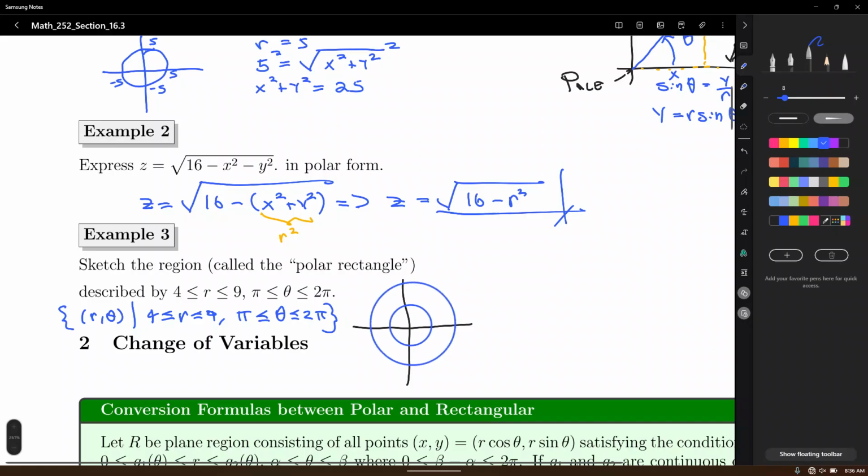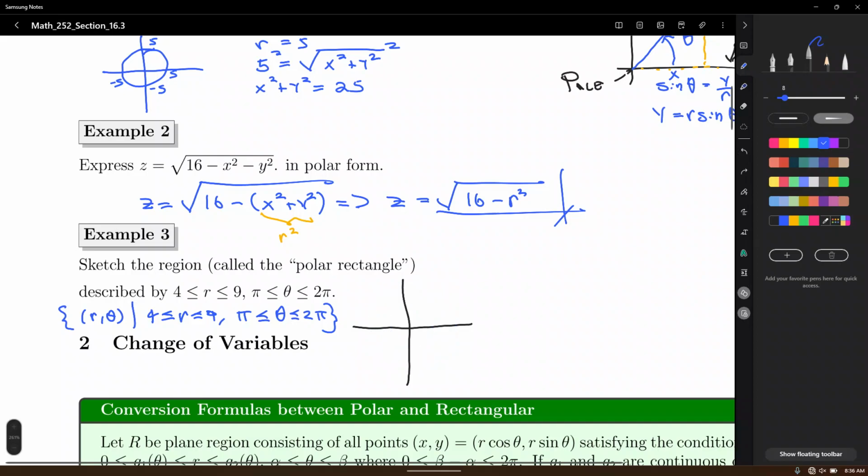However, I don't think this is the correct region because we have another condition. We have the angle theta that is varying between pi and 2 pi. If the second condition about the angle said 0 to 2 pi, well, that's the entire region. However, in this case, since it's only going between pi and 2 pi, it's just going to be the lower part of the donut.